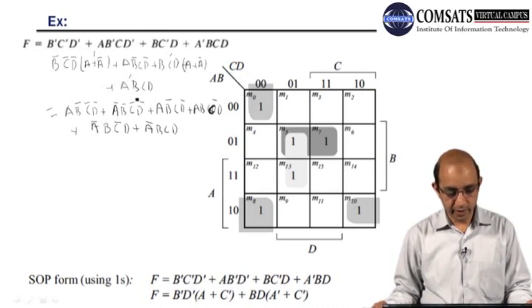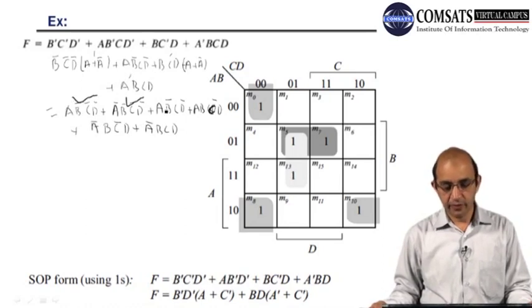So this is done. Then A, B bar, so we will be looking for A, B bar here, and then C bar, D bar. So this is done.